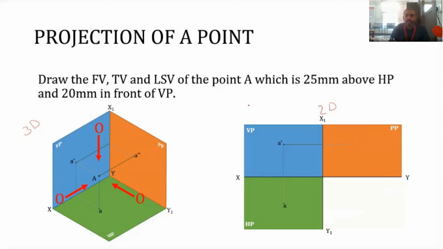From A dash we draw a line perpendicular to the x1 y1 line, and it is extended, and this distance should be equal to this distance. That is, the distance of the point A from VP is equal to this distance, that is, A dash A. The same distance is here also.